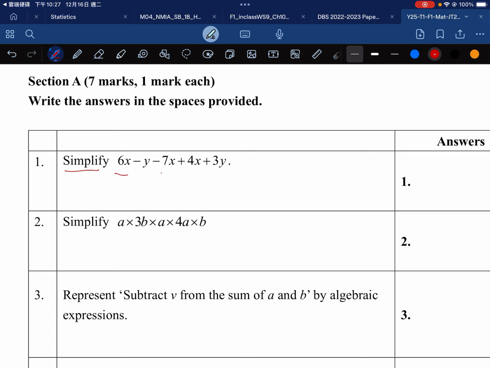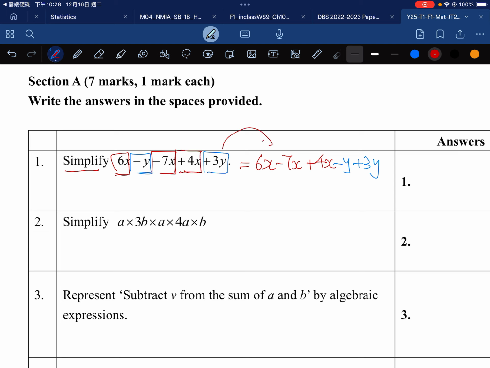We have the red x terms and the blue y terms. If you are not good enough, you can rearrange the terms like this, and remember we have to keep the sign with the terms. Think of what I said as a block. We have the red x block and the blue y block.